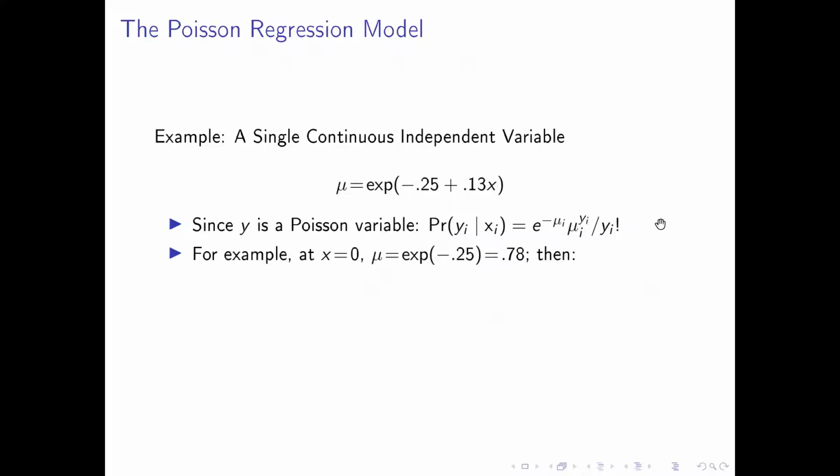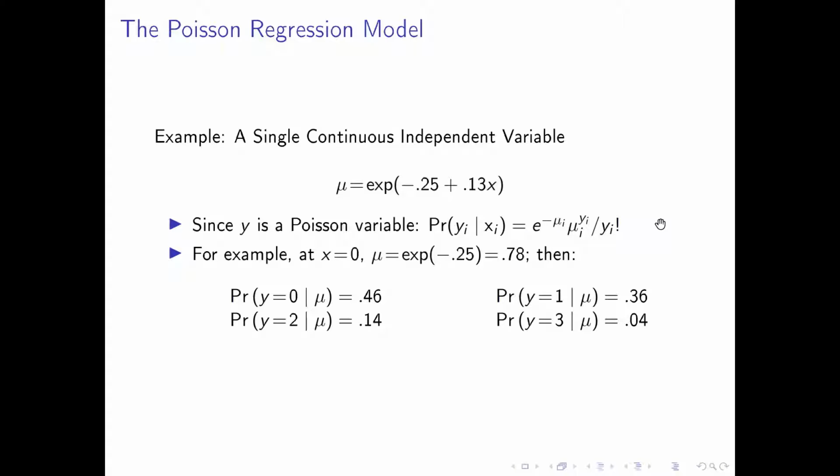Now let's look at an example for a continuous variable. In this case, I introduce just a single continuous variable as a predictor of this mu, right? Here, assuming mu is going to vary across individual cases, how is the mu determined?